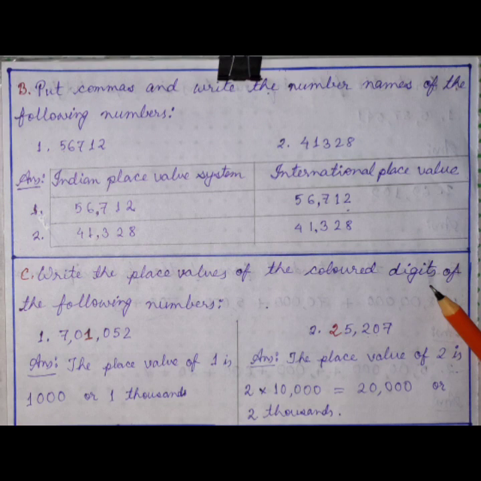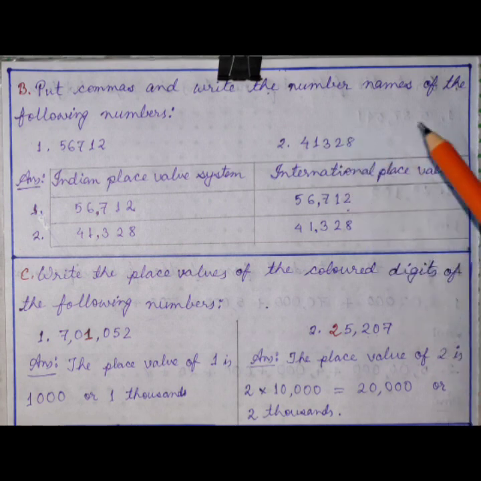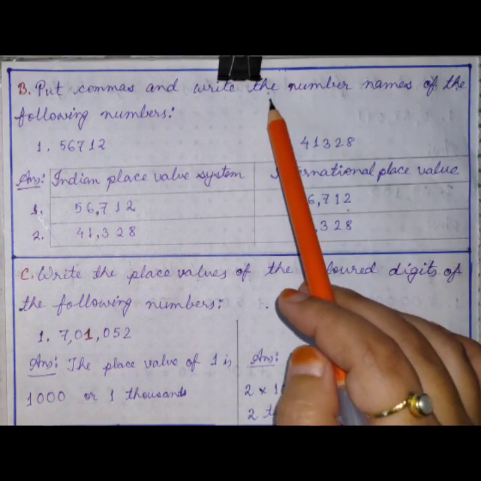We discussed 3 questions: first, writing numbers from number names, then putting commas, and writing place values of a particular digit. Here one answer is left out to discuss.